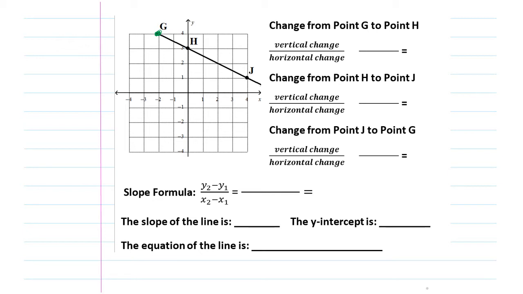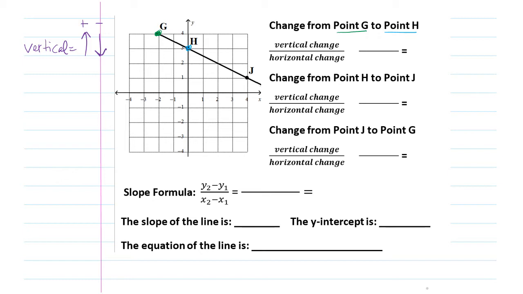So if I'm looking at the point G and I'm going to point H, here's point H. What is our vertical change? And remember, vertical is our up and down. Vertical equals the up or the down movement. Up would represent positive, down would represent negative.